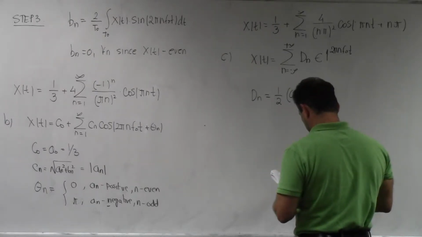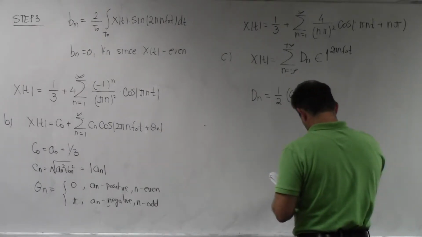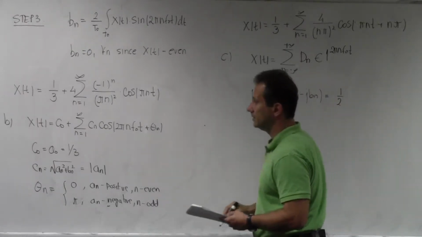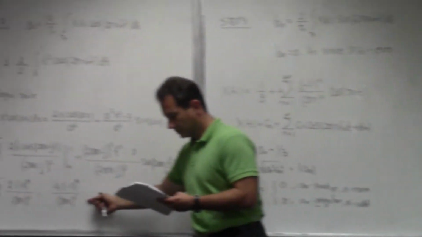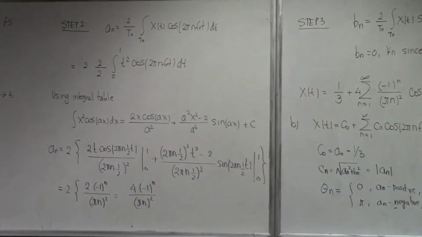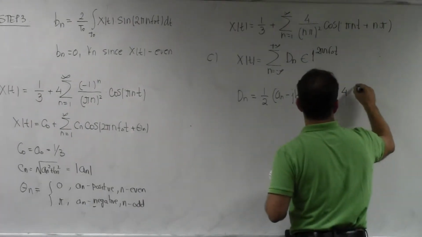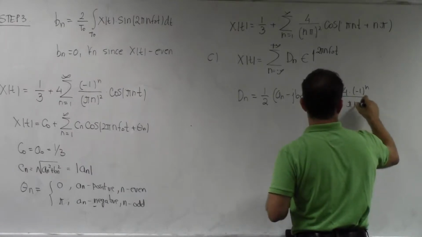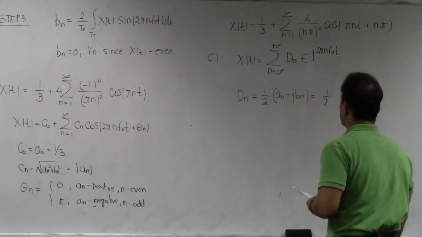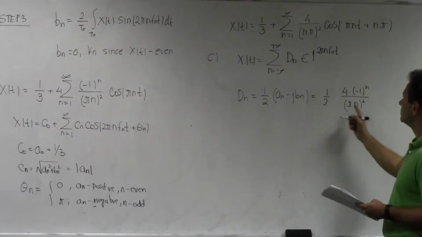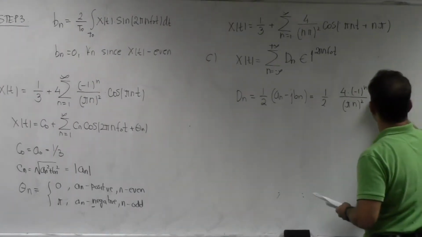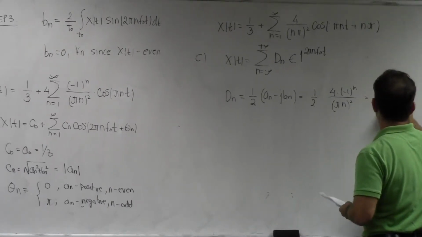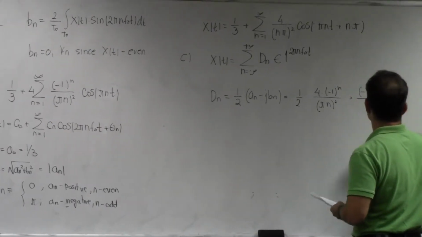So it's 1/2, and an is given here. So it is 4 times minus 1 to the n over pi n quantity squared. And then bn is equal to 0, so I don't have to take bn into account. So this becomes minus 1 to the n times 2 over pi n quantity squared.